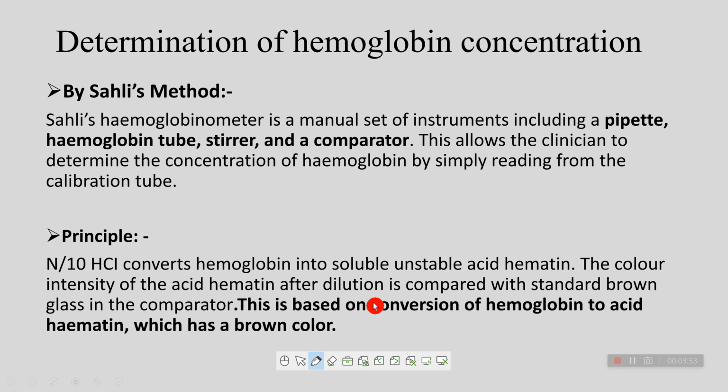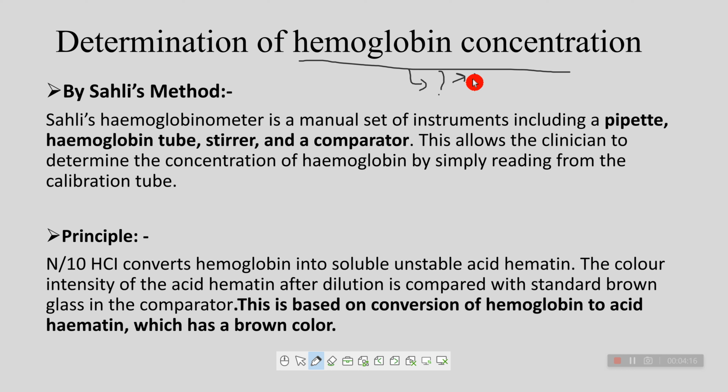It is very important to rule out the concentration of hemoglobin in the blood, because the examination of hemoglobin will tell us about the different hematological disorders that can be present in our blood.